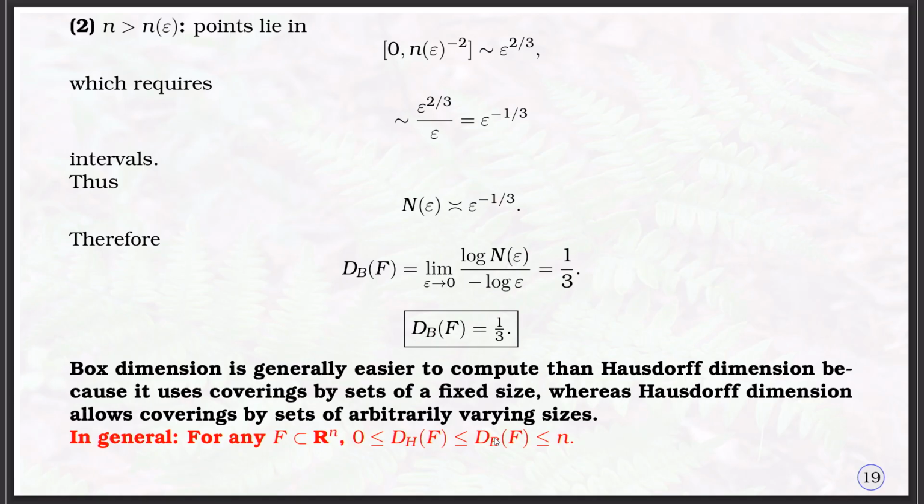Moreover, the Hausdorff dimension is strictly less than the box counting dimension, and both dimensions are bounded between 0 and n. So this is the interesting relation between the Hausdorff dimension and box counting dimension.